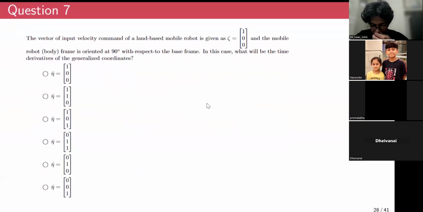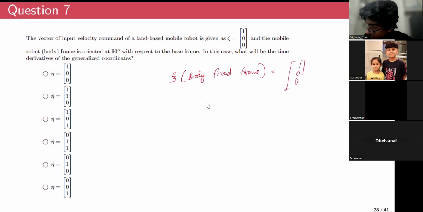Moving on to question 7. So this is a numerical problem. The input velocity command of a land-based mobile robot is given as 100. So zeta, the input that is given in the body fixed frame, is given in the question as 100.